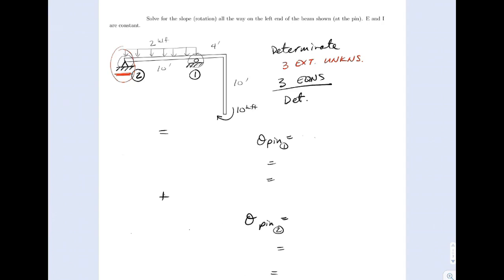The first piece I am going to analyze is just the piece between the pin and the roller with the distributed load present. We just have a simply supported beam over 10 feet with 2 kips per lineal foot on it. That one is in the deflection table.